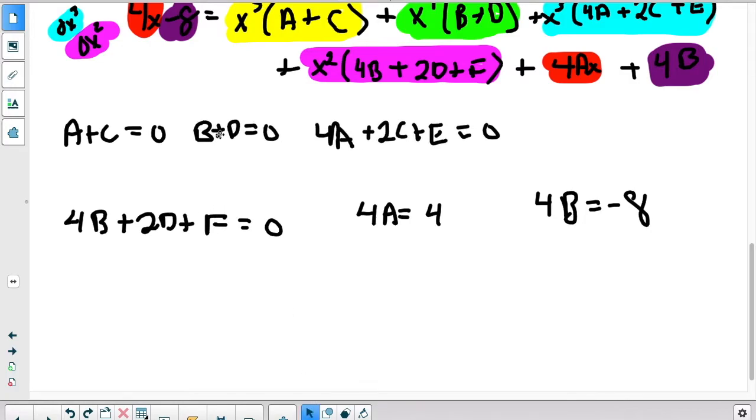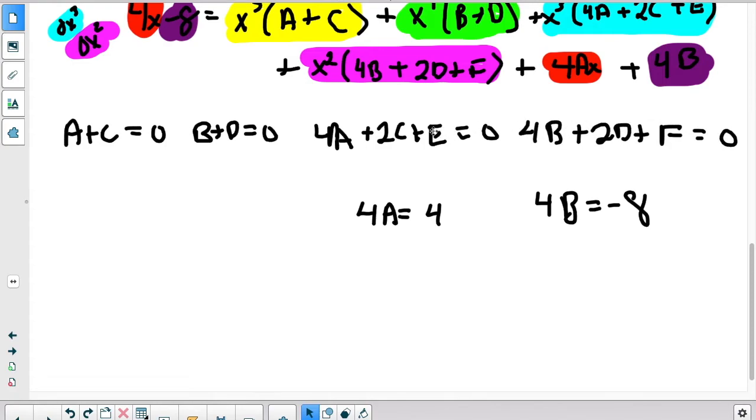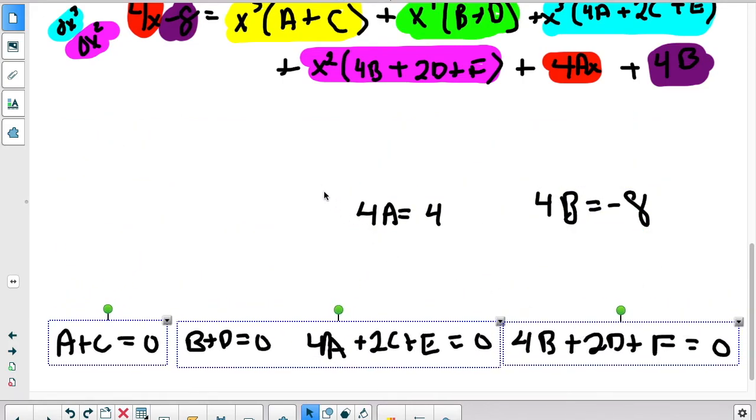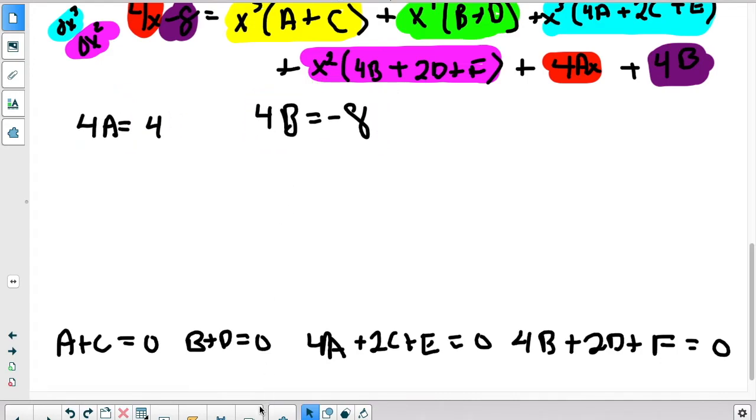Now 3 or 4 of these statements here we can't do anything with yet. These 4 here, there's nothing we can do with them yet, so I'm going to move them down here. But these 2 here, we can do stuff with. Because all of these here, we have 2 or more variables in them, so we really can't solve for any of these here yet.